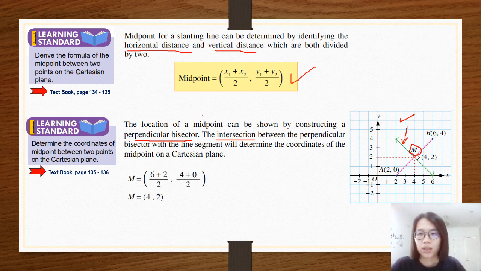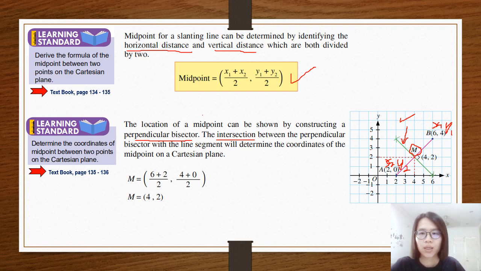Okay, let us represent the coordinates of point B as x1, y1, where 6 is x1, and the coordinates of point A we represent as x2 and y2. So, according to the formula of midpoint, x1 plus x2.